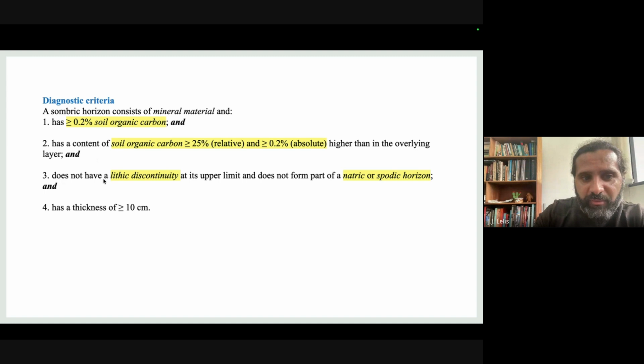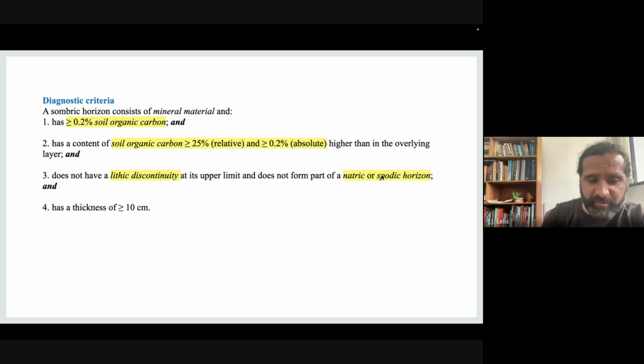It does not have a lithic discontinuity at its upper limit and does not form part of a natric or spodic horizon. So I cannot register natric and spodic horizons connected to the sunbreak horizon.